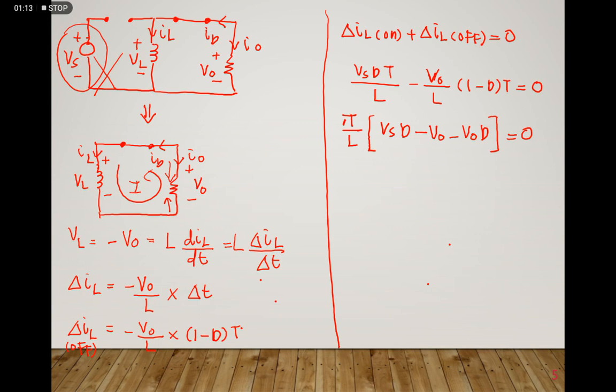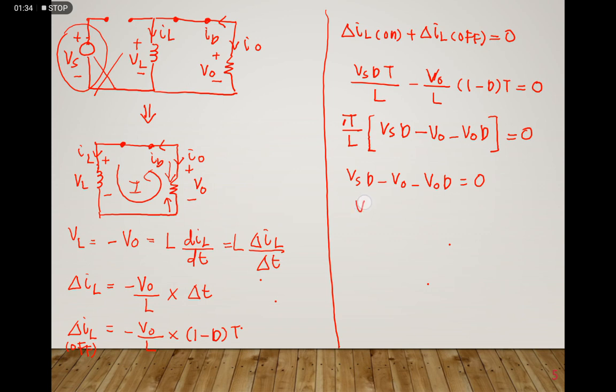So you will be left with VsD minus V0 minus V0 D equals 0. Let's gather the terms that have the D variable.